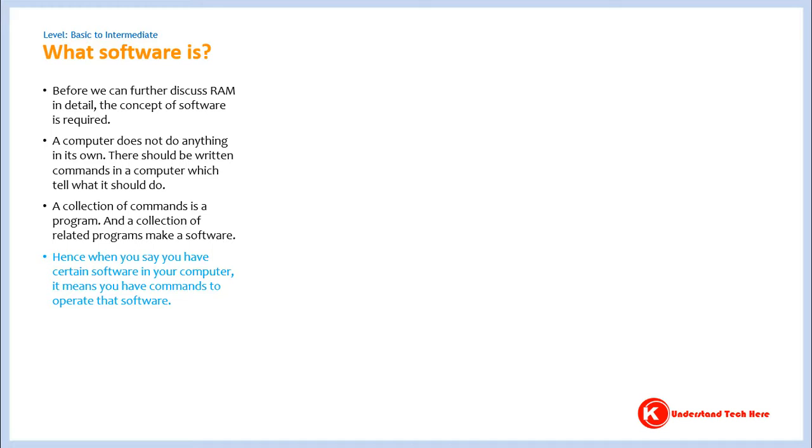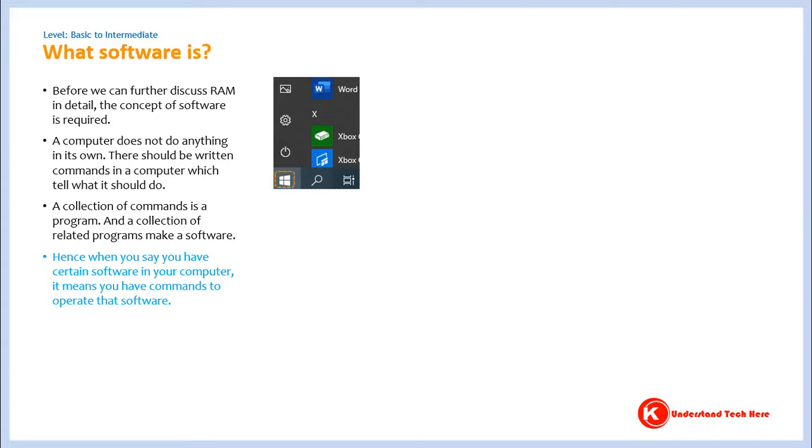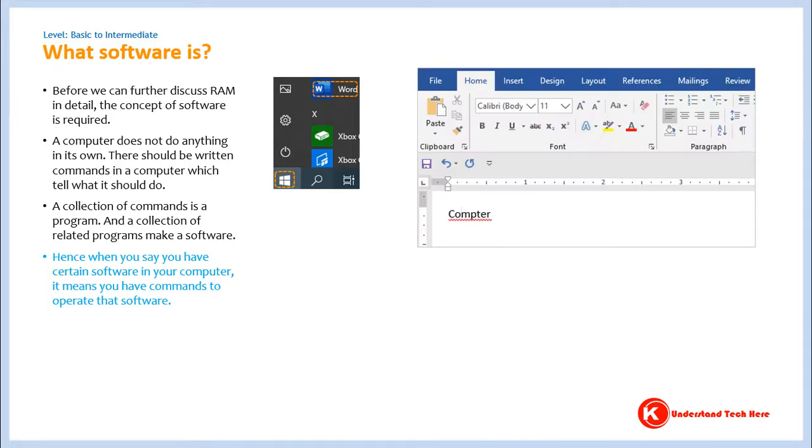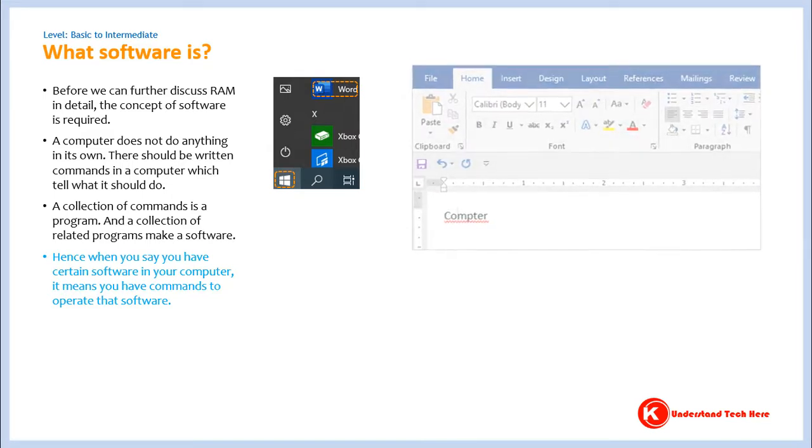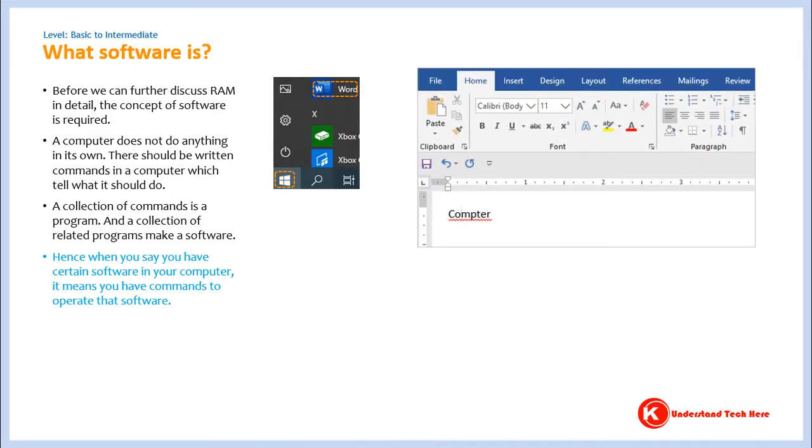Okay, let's say you started Microsoft Word by clicking on it, and a certain screen appears. Think about this. How does a computer know to show this kind of screen when you start Microsoft Word? A computer does not know what screen to show. There are commands to tell a computer what kind of screen to show when you start Microsoft Word. Let's say you type something.